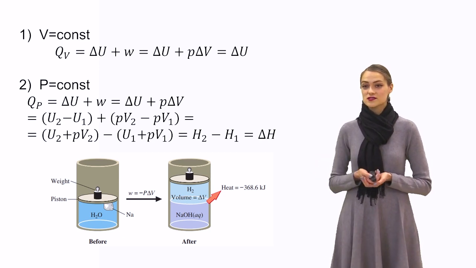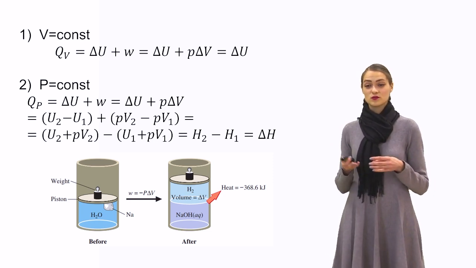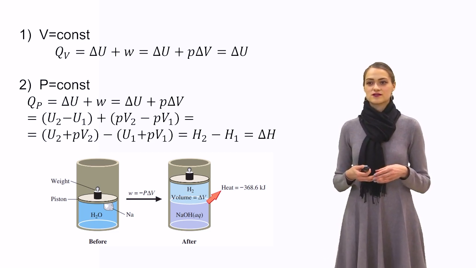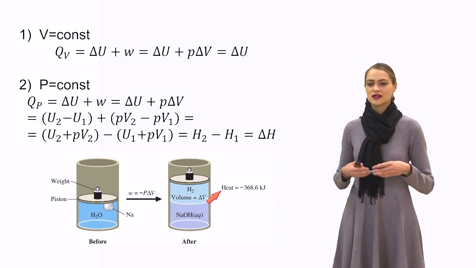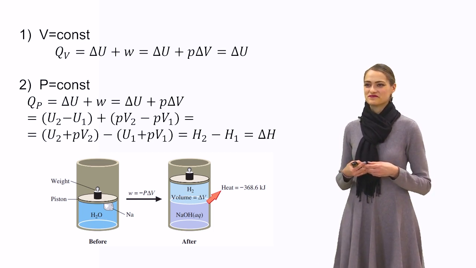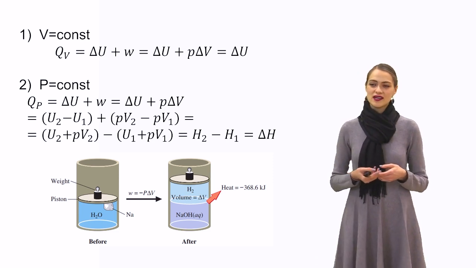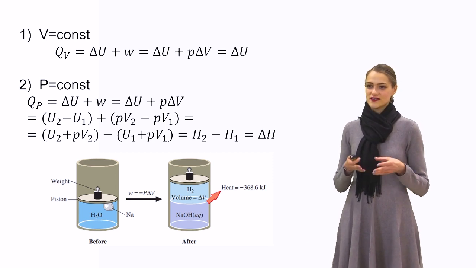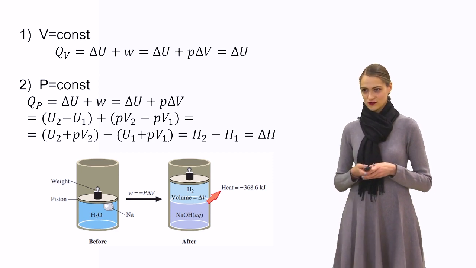But as you see in this picture, we have a change of volume because this reaction between metal and water produces hydrogen. So we make work. This work goes to change of volume and increase volume against the constant pressure, and it requires energy P delta V. Exactly in this reaction, this pressure-volume work equals minus 2.5 kilojoules.